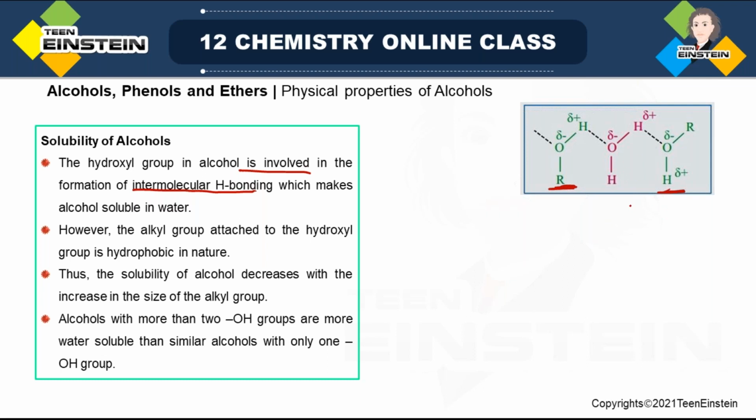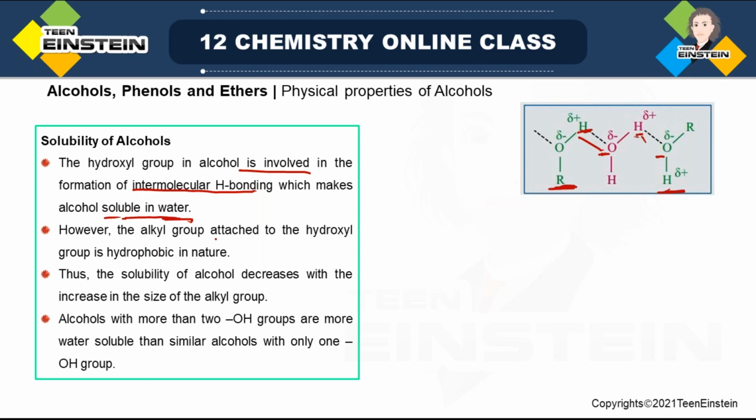That means they can be soluble in water because they can form this type of hydrogen bond. So the oxygen atom of water is taking part in hydrogen bonding with the H of one alcohol molecule. Then this H of water is making a hydrogen bond with the oxygen of another alcohol. So in this way, the chain can be extended both left hand side and right hand side. And because of this interaction, they are soluble in water.